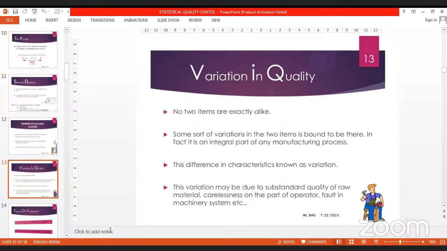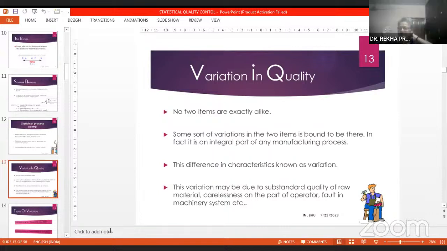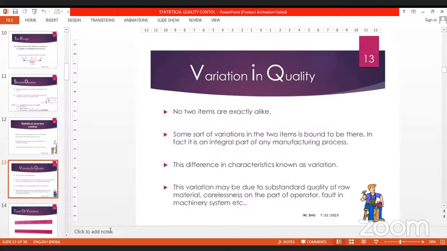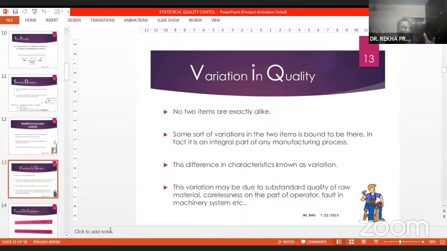The variations may be due to substandard quality of raw material, carelessness on the part of the operator, fault in the machinery systems, etc. Some variation is random, which you cannot control, and some variation is due to some cause. So variation is always there.